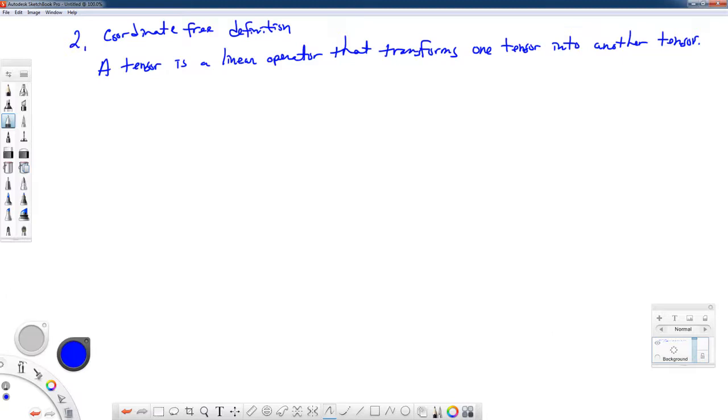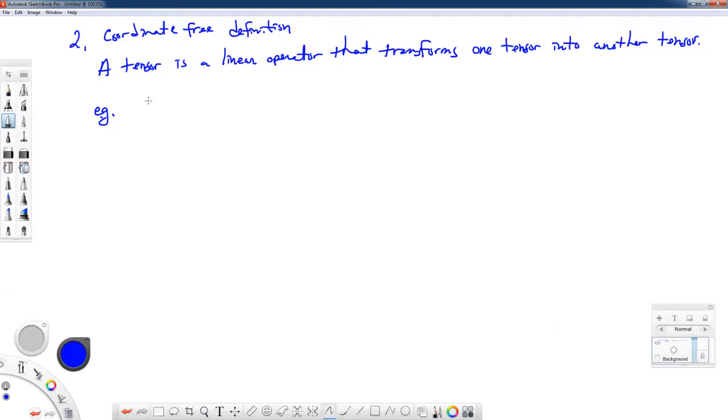For us right now, this is a perfectly fine definition. We've talked about what linear operators mean previously, and so we can give an example of what I mean here.